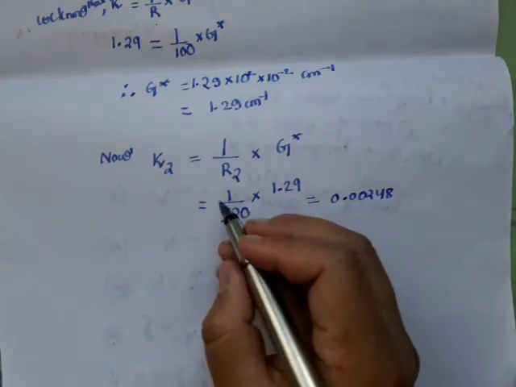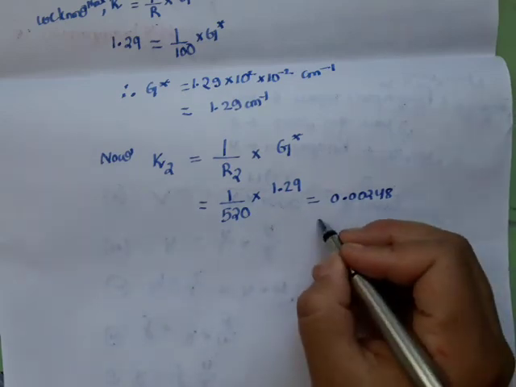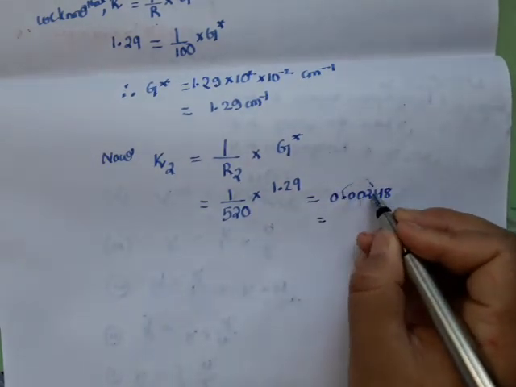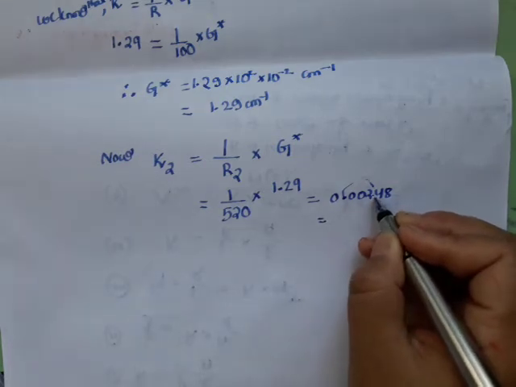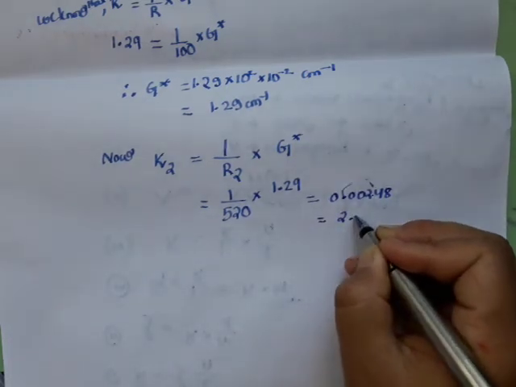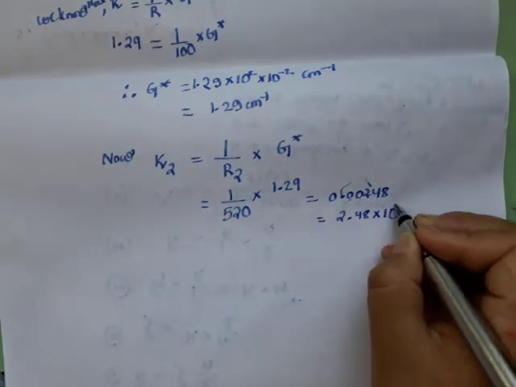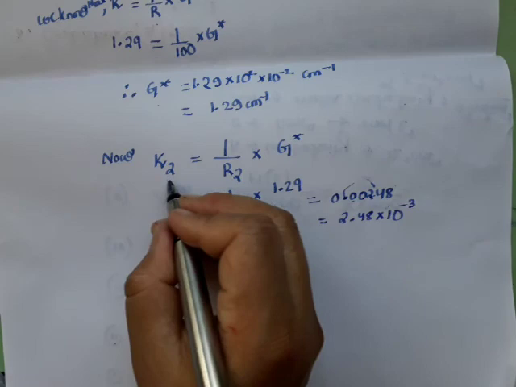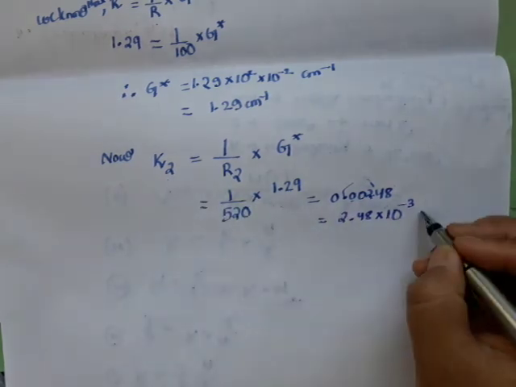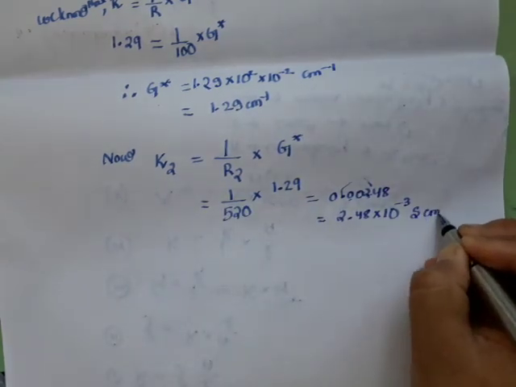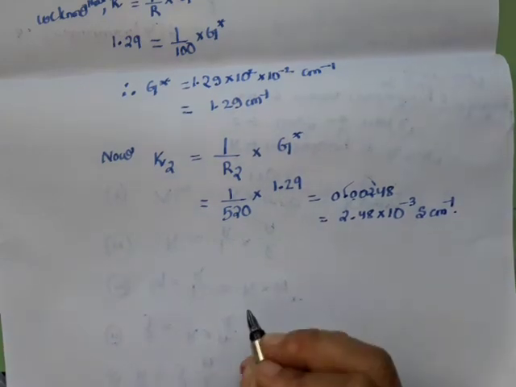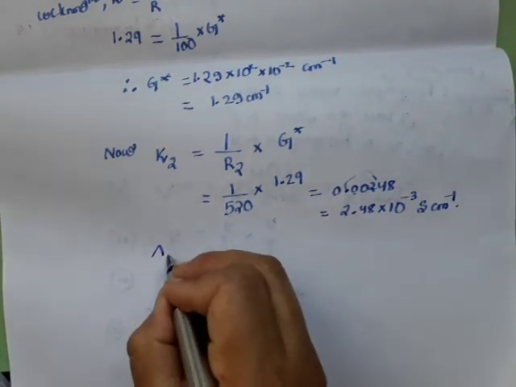So after dividing you will get K2 as this one. You can write this by shifting the decimal one digit, as 0.248 into 10 to the power minus 3. And what is the unit? Siemens centimeter inverse.